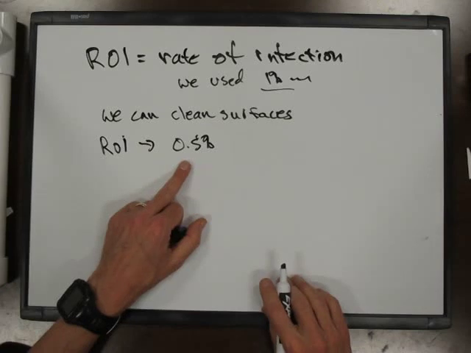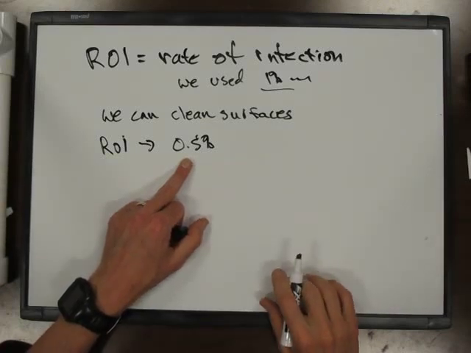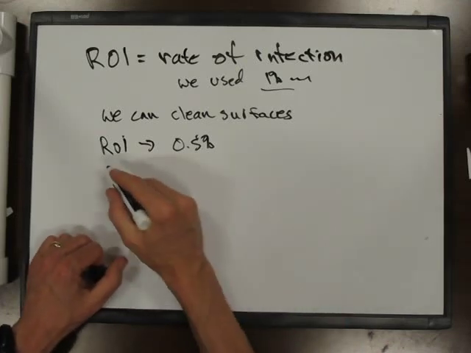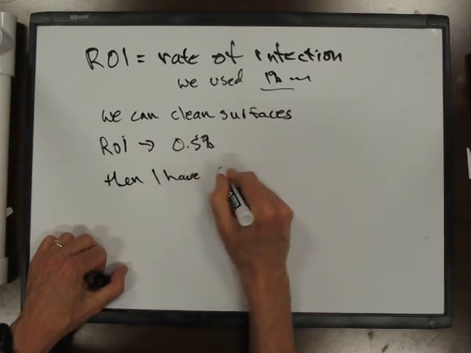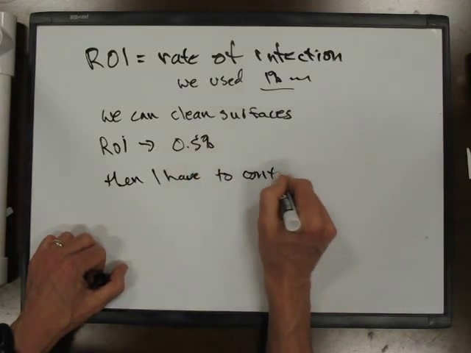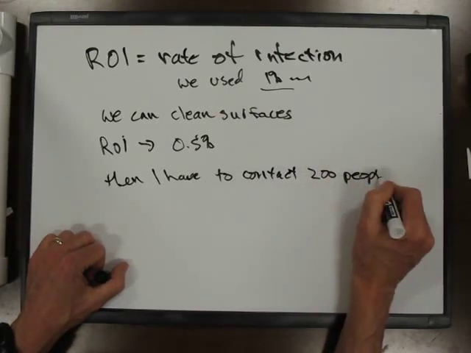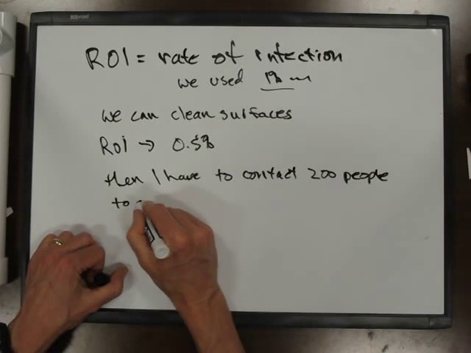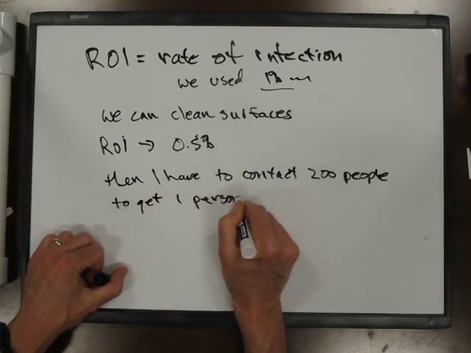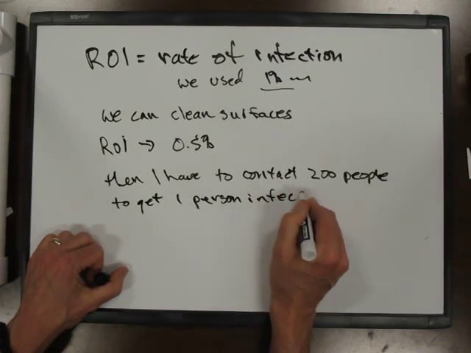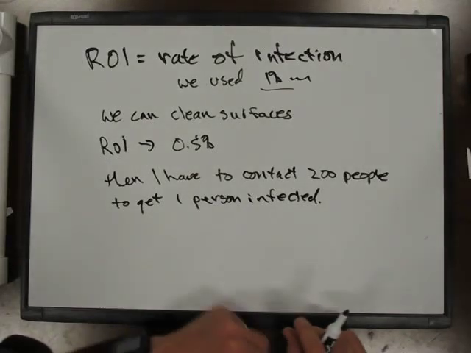And so you can cut the rate. If I cut my rate of infection to 0.5%, say, then I have to contact 200 people to get one person infected.